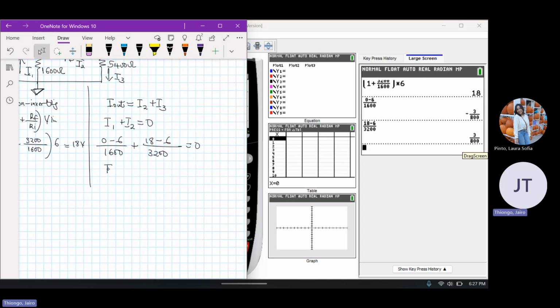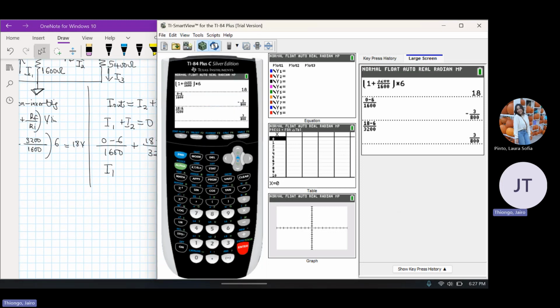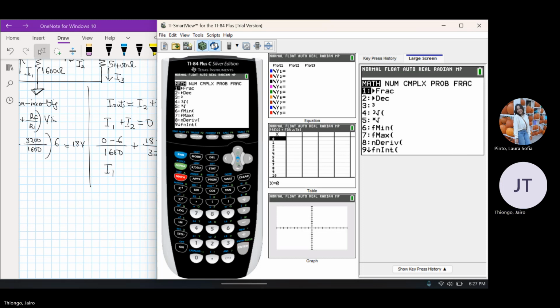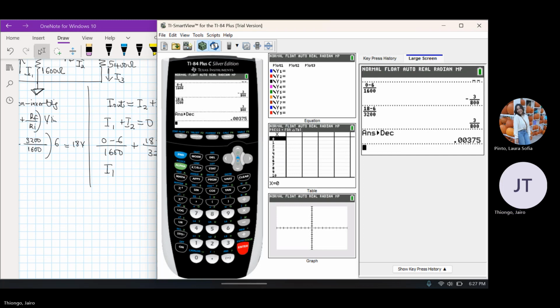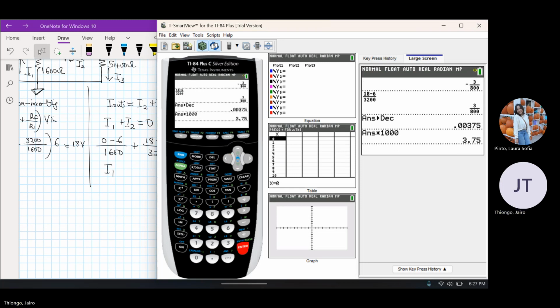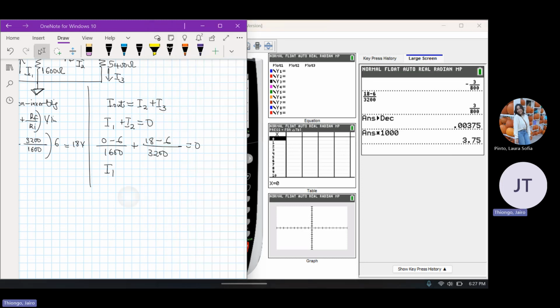So our I1, let's get the values. Decimal. 5,000. 3.75.